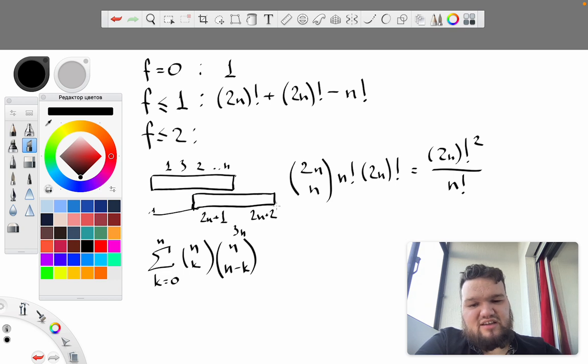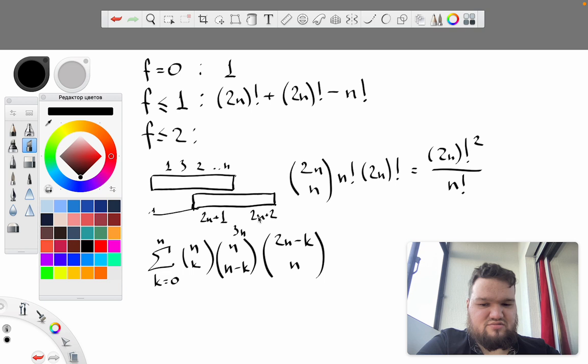Now on this suffix we have only 2n minus k positions, and we have to choose n of them. And then we permute small, permute big, and permute everything else on the leftover positions, so it's just n factorial cubed.